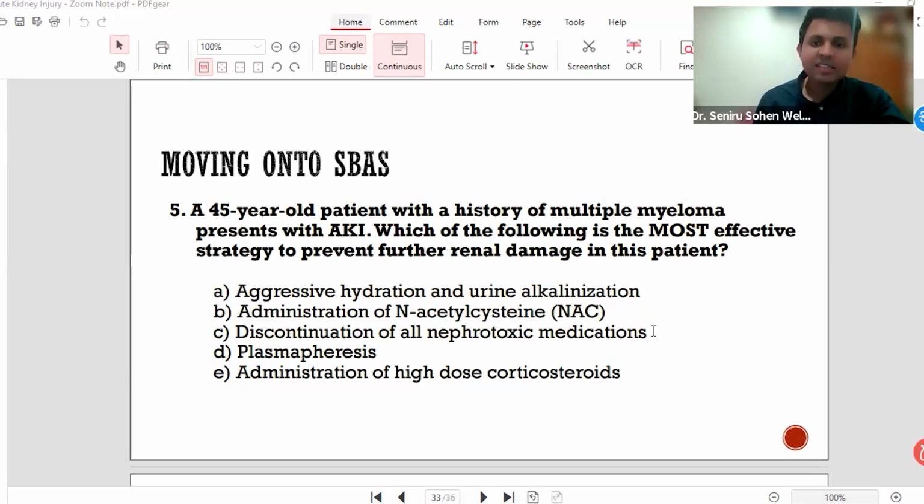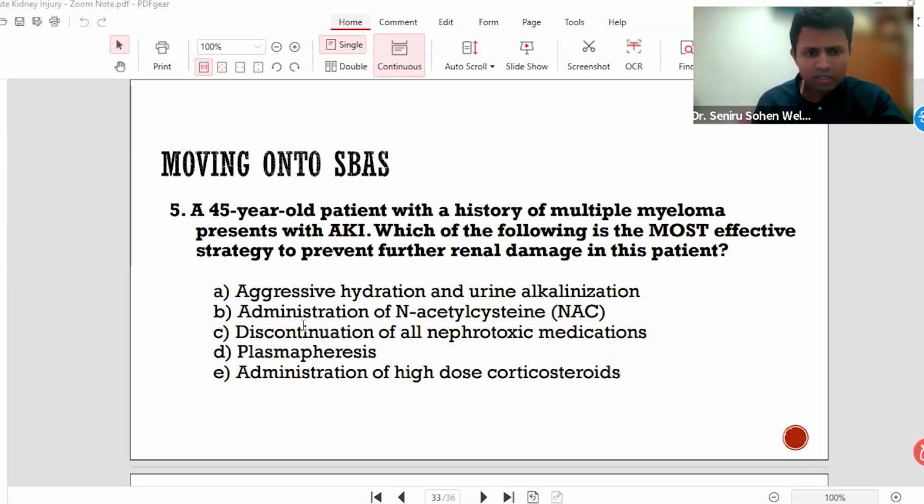Discontinuation of all nephrotoxic medications, of course, that is necessary, but it's not the most important in this setup. Plasmapheresis, yes, plasmapheresis may be an option to get rid of all these light chains and to improve the kidney function, and administration of high dose corticosteroids. So that will help control the myeloma and the production of light chains and further compromising the kidney function.